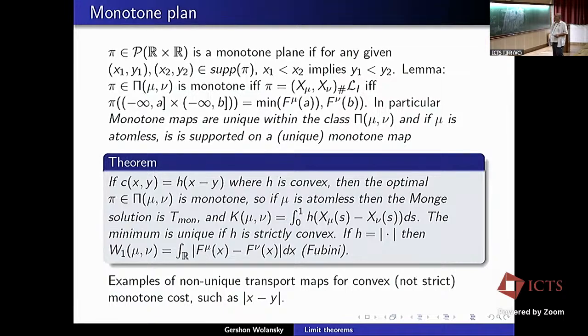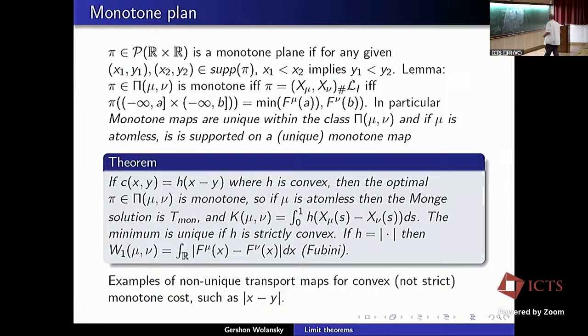If h is strictly convex, then this is the only minimizer. There is a very special case where h is just the distance, power 1. Then this is convex but not strictly convex, so it's not unique for p equal 1. But a nice observation is that in this case, we can write the distance, the integral not of X_mu minus X_nu to the power 1, but also as the integral of F_mu minus F_nu.